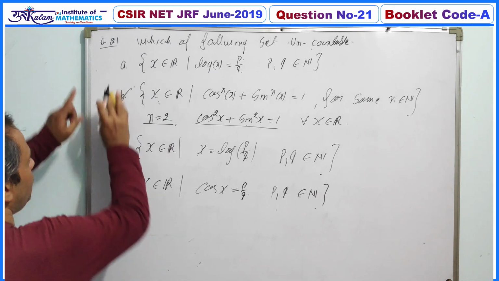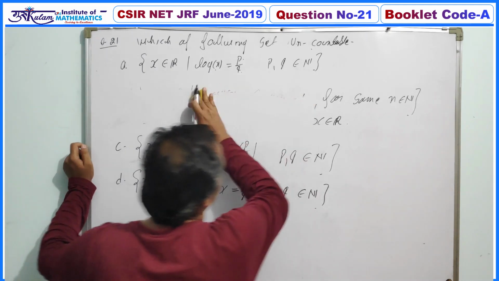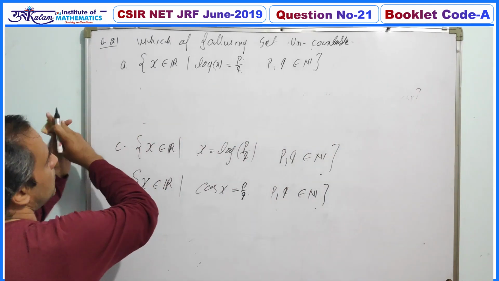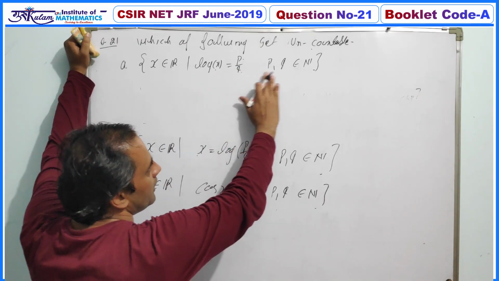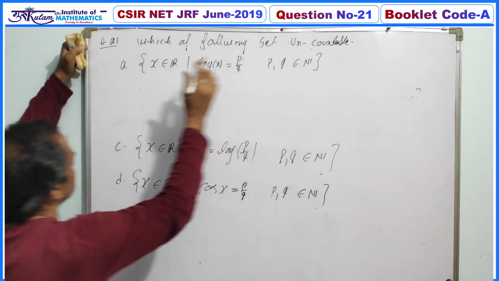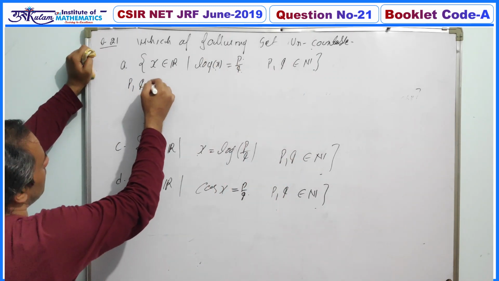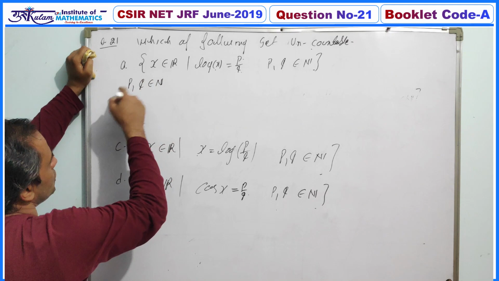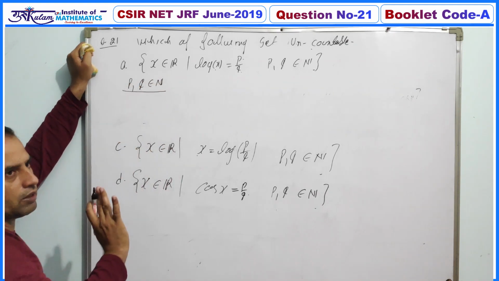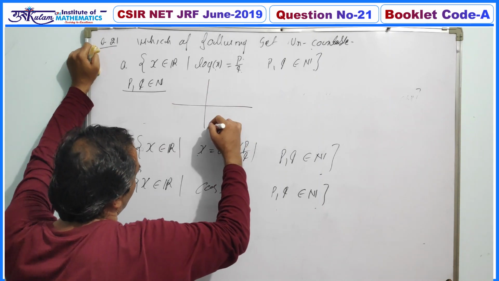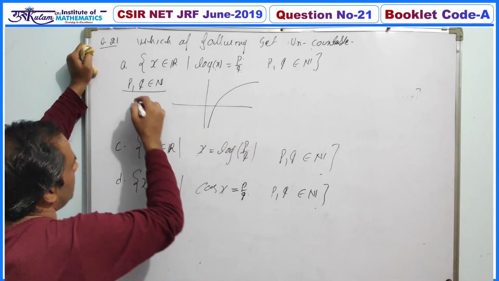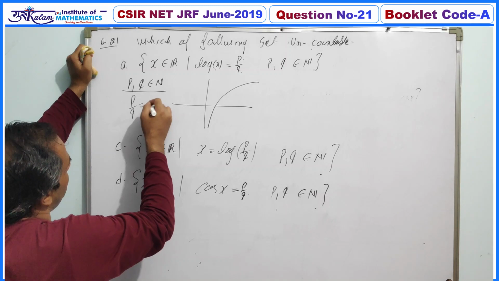So let's start with the first option. In the first option we have to find the number of solutions of this equation for any p by q, where p and q belong to natural numbers. For any p and q belonging to natural numbers, the choices for p and q are only countable. By the graph, the graph of log x is this one, and p by q is something, alpha.